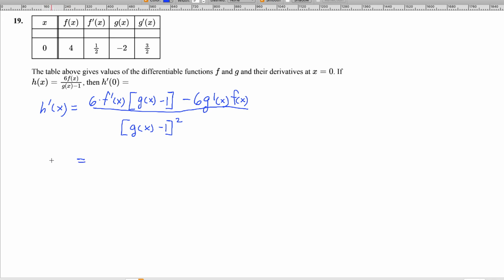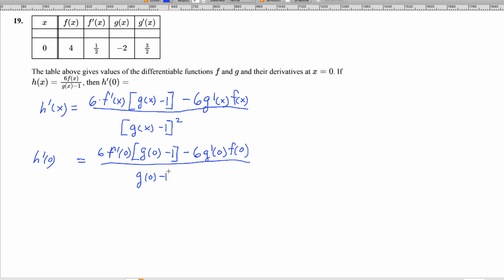So now we're asked for h prime of 0, and you plug in 0 for x, so f prime of 0, g of 0 minus 1, minus 6 times g prime of 0 times f of 0 over the g of 0 minus 1 squared.